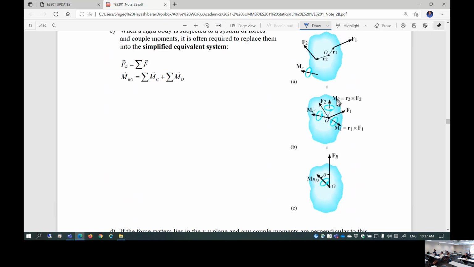So now you end up having the original couple moment and the couple moments from forces F1, F2, all applied around point O. And you can add up all the forces, and you can add up all the couple moments. You come up with the resultant force and resultant moment applied at point O. This is the equivalent force-moment system. So this is equivalent.